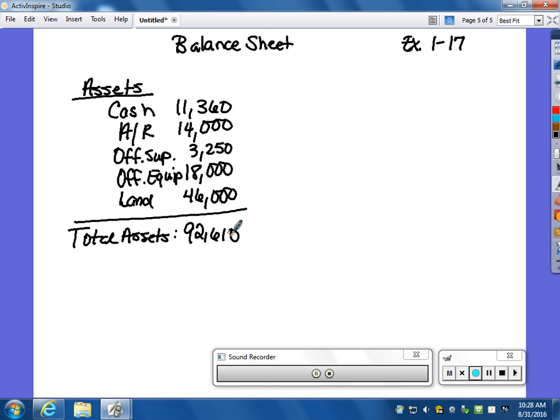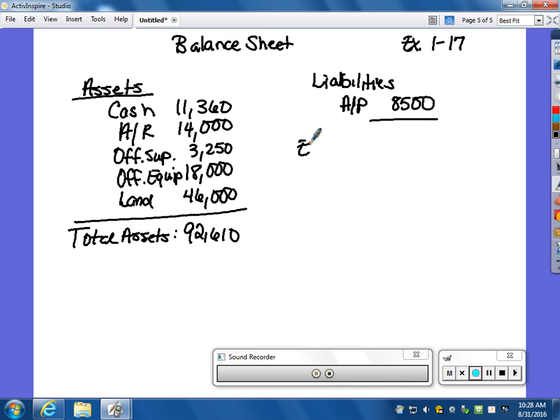Now, this is what I want you to realize. Ultimately, when we list liabilities and equity on that other side, we are trying to get to this same amount, right? So next you have liabilities, correct? What liabilities do you have? Accounts payable. How much is it? 8,500. Okay, what's next? Anything else? No?